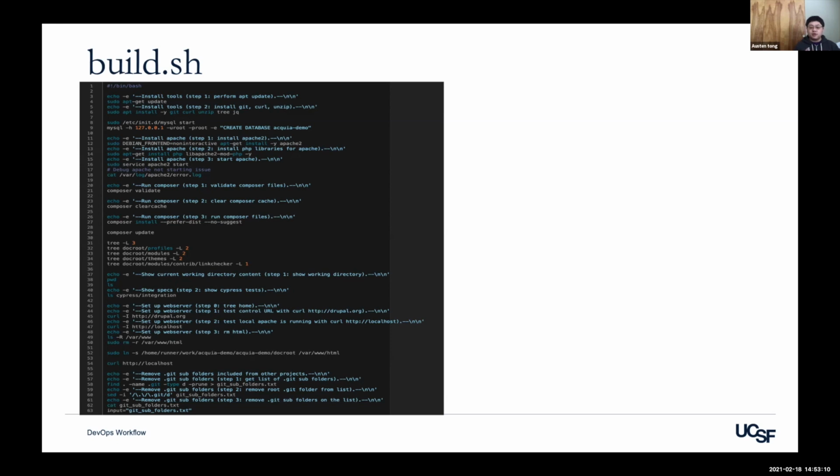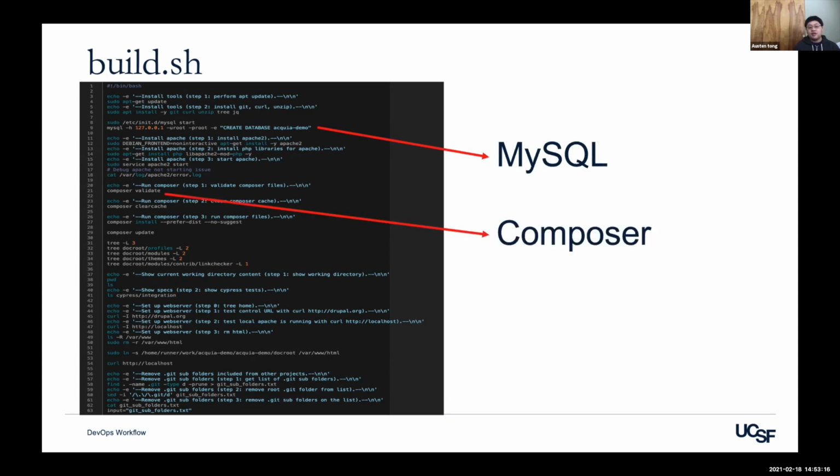This is the purpose of this build script, and you can see it spins up MySQL. We get Composer to run, and we do bash commands to curtail it for the final product, or the final artifact, sorry, that we then push to Acquia, and that's where everything ends up living.